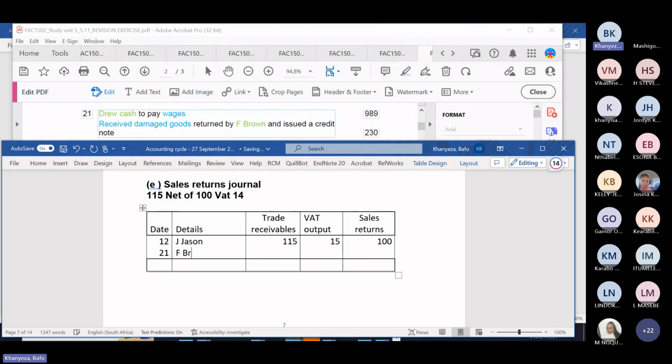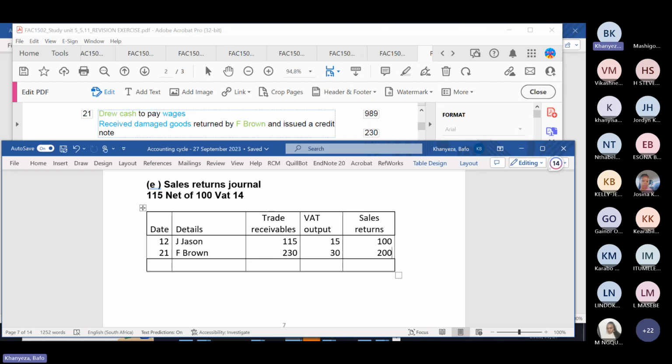F. Brown. The goods are 230. I'm not going to split that again as I have split it before, then 200. Then we move on now.